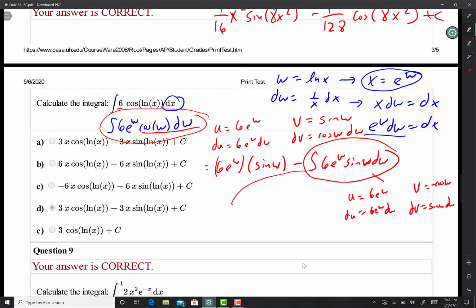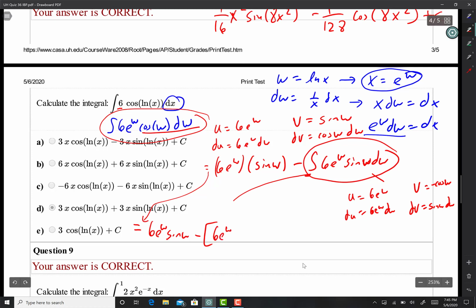You know what? Let's just do it all because we're going to need it all anyways. So here's my equal sign, and it's that equal sign right there. I have 6e to the w sine w minus, and I'm doing this integration right here. u times v, so 6e to the w times a negative cosine w, minus the integral of v du. But notice that my v is a negative, so negative times a negative is a positive.